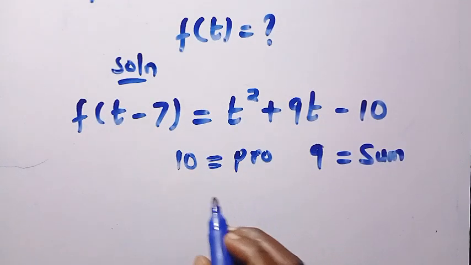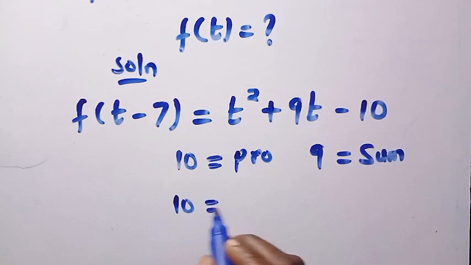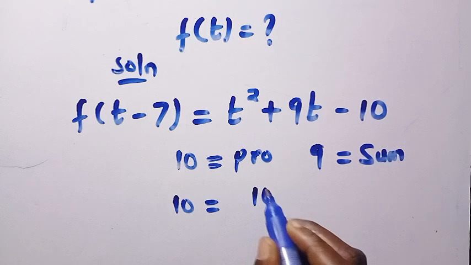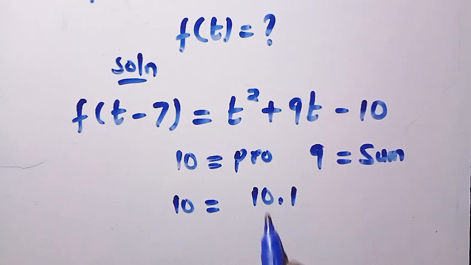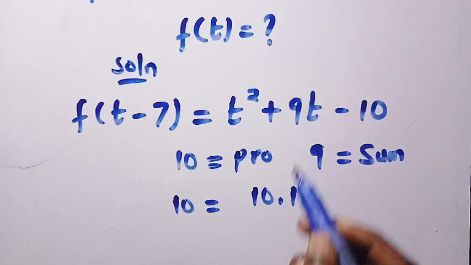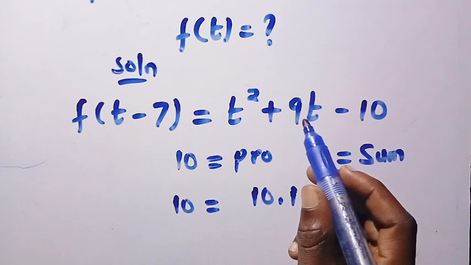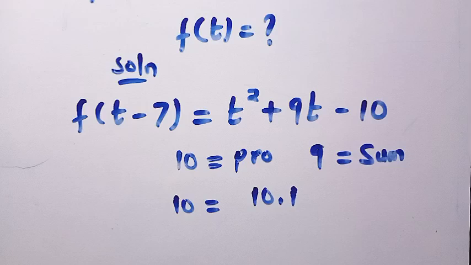So 10 can have factors that go in this. Let's say I choose 10 multiplied by 1, but 10 plus 1 gives us 11, and 10 minus 1 gives us 9. So the numbers we are going for are 10 and 1.